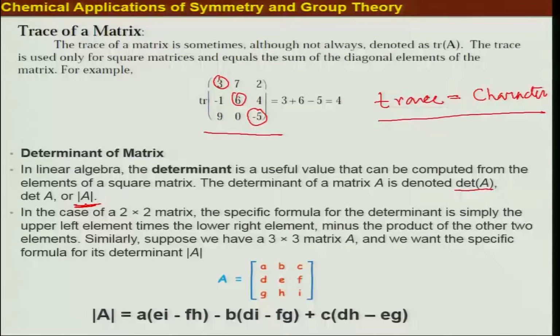Okay. So if you have a 3 by 3 matrix, then we can determine the value of this whole determinant in this fashion. So you have this A fixed, and then you find out about this particular part, and then you subtract a part where B is multiplied with the determinant which consists of these two terms.